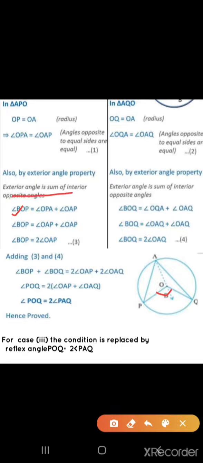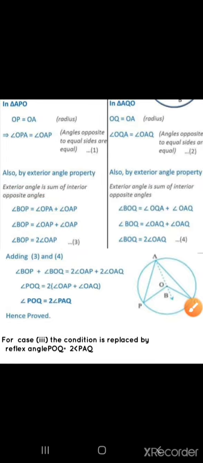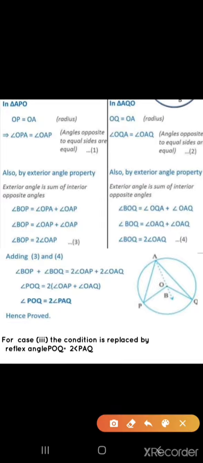So angle BOP equals angle OPA plus angle OAP. In the first equation, we can rewrite OPA as OAP. So angle BOP equals OAP plus OAP, which is 2 times angle OAP. This is condition 3. And again, similarly, we can consider this triangle AOQ.